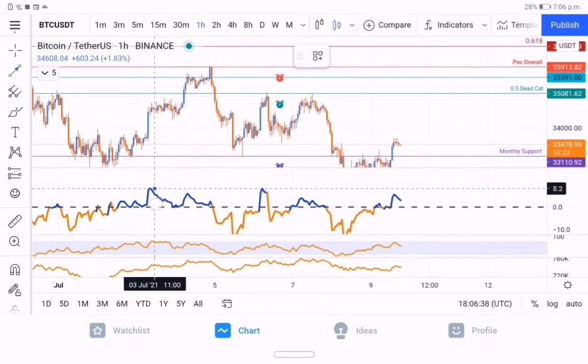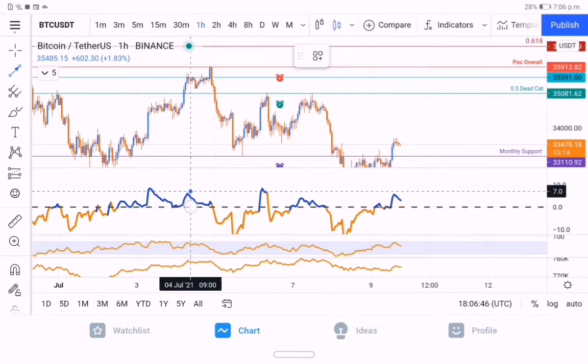So for me, when I see this kind of divergence where the open interest is dropping but the price is increasing, that tells me we're running out of steam and we're going to be heading down soon.